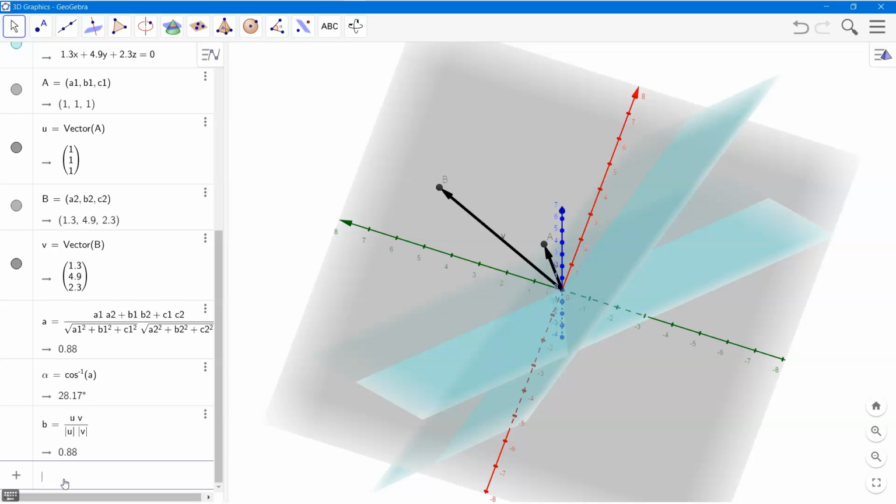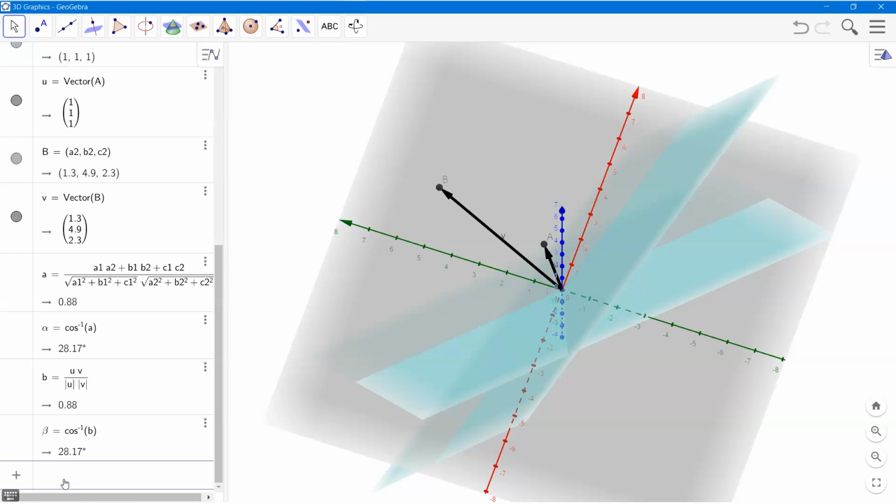So which means I again take the cos inverse of B. This would also give me 28.17.